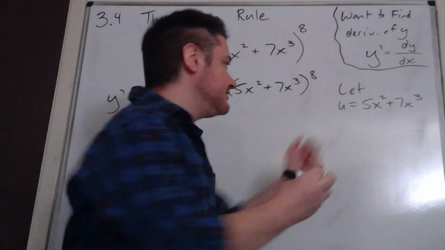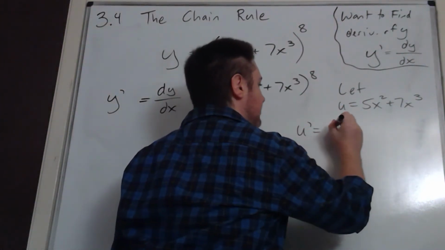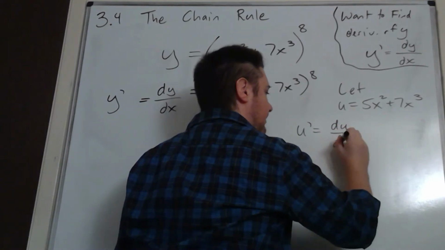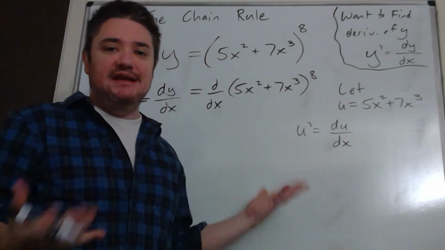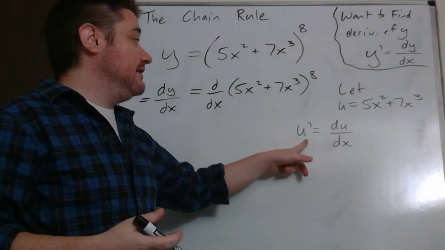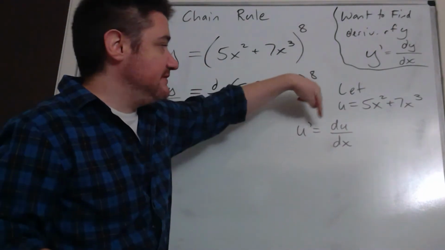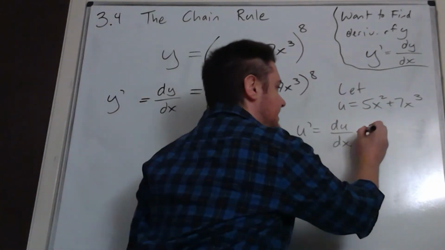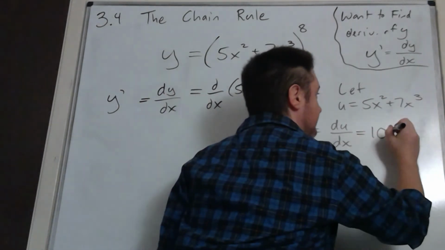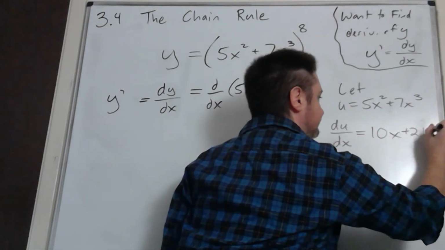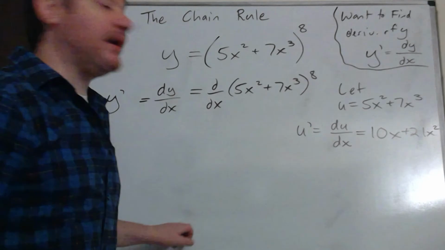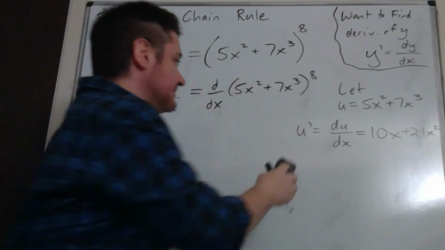U is a function of x, right? So u prime is really du dx. Again, two different notations, but they mean exactly the same thing. So here, u is a function of x, so if we take the derivative with respect to x, we had this derivative earlier, 10x plus 21x squared.